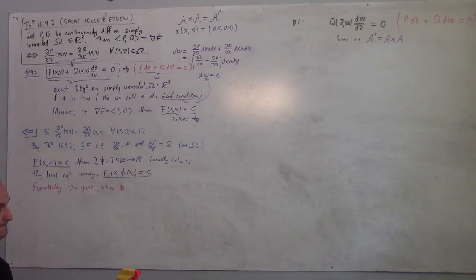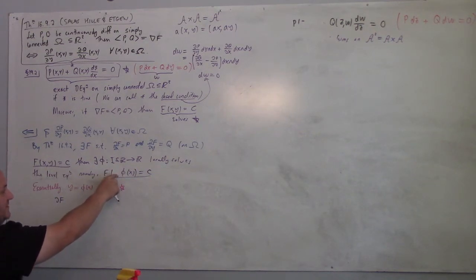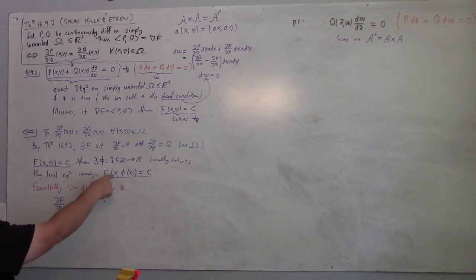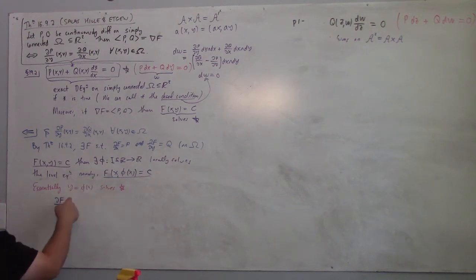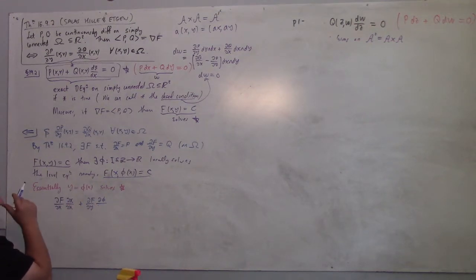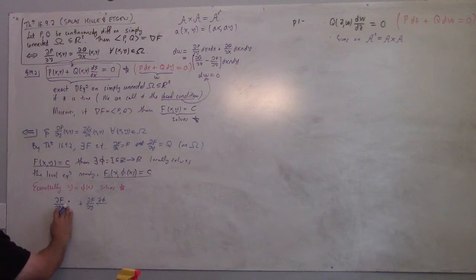Differentiate with respect to x, we get partial f, partial x, and it's even better to write p maybe instead of x here. Partial f, partial x times dx, plus partial f, partial y times d phi dx.